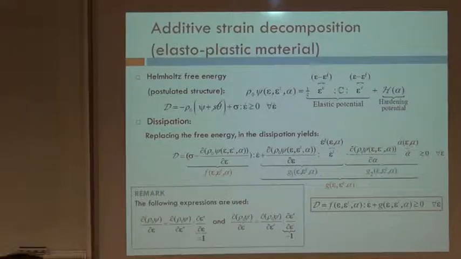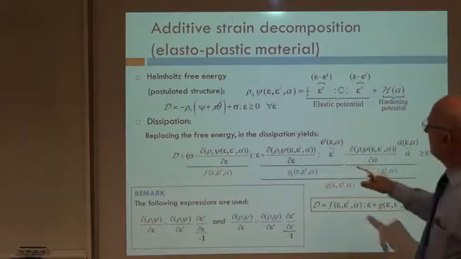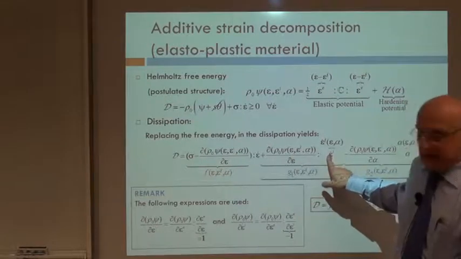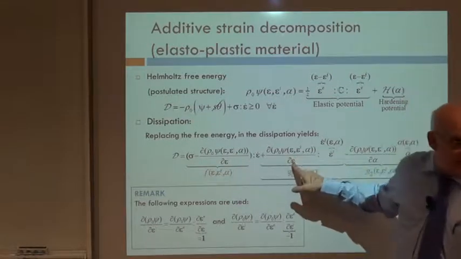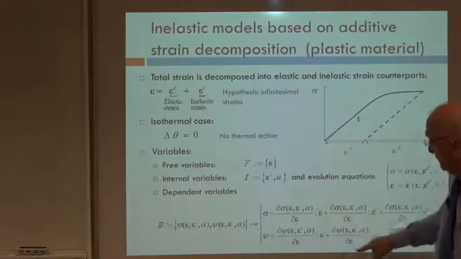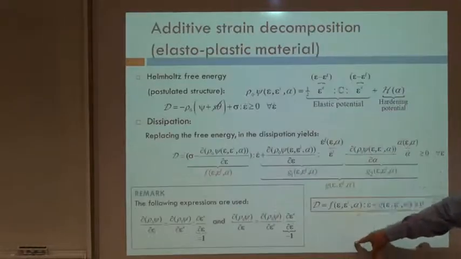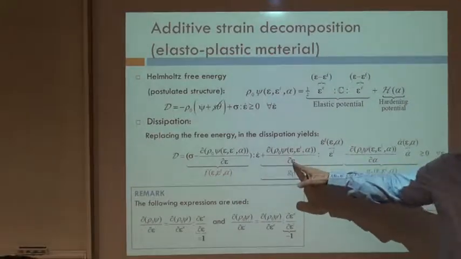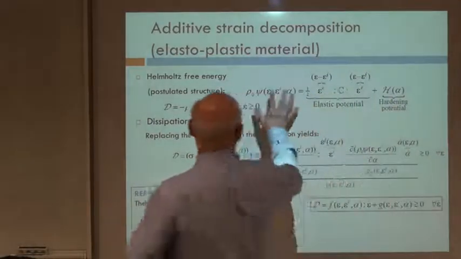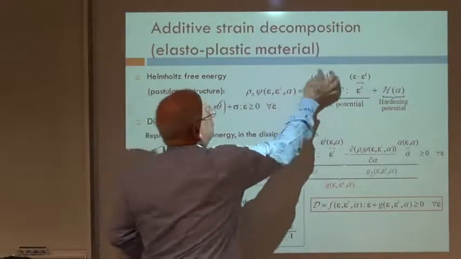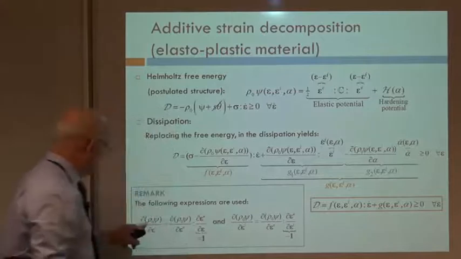By the way, there is some operation here. It should appear the derivative of phi with respect to epsilon I, and it appears the derivative of phi with respect to epsilon. Is that I want to differentiate with respect to epsilon I, and I just differentiate with respect to epsilon, as you have here.